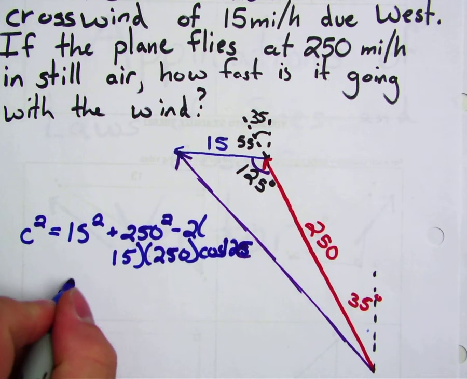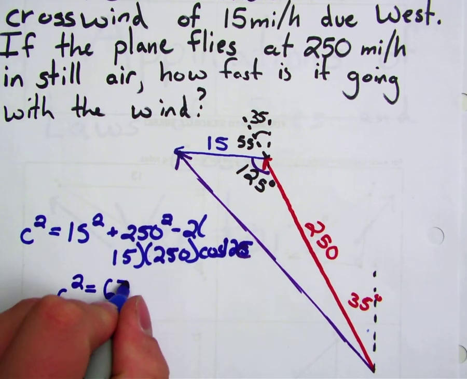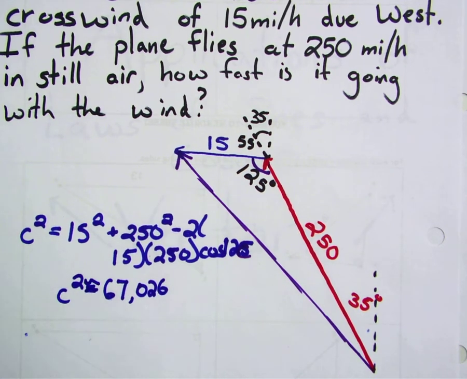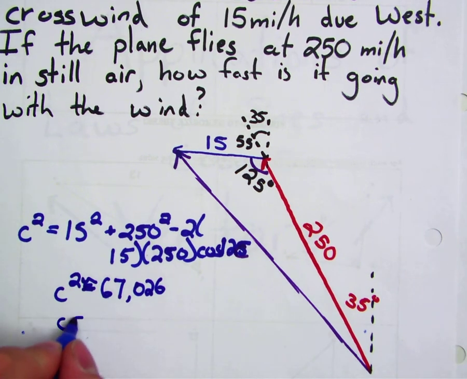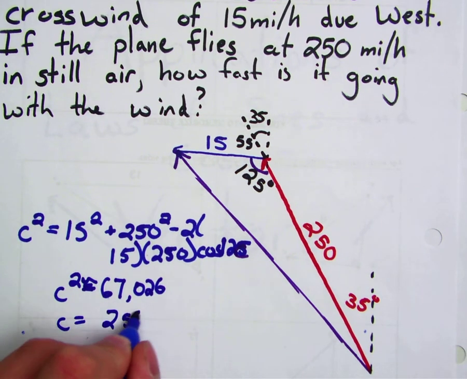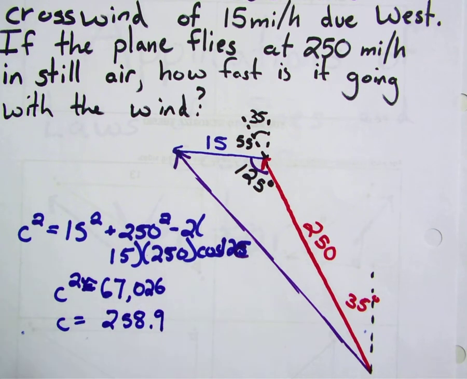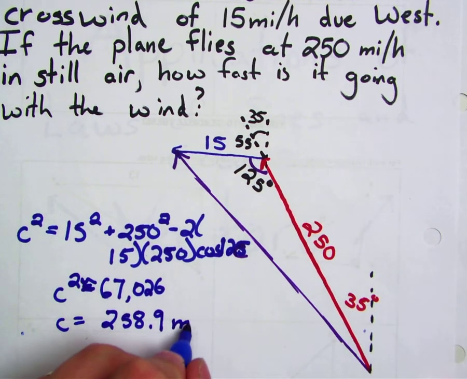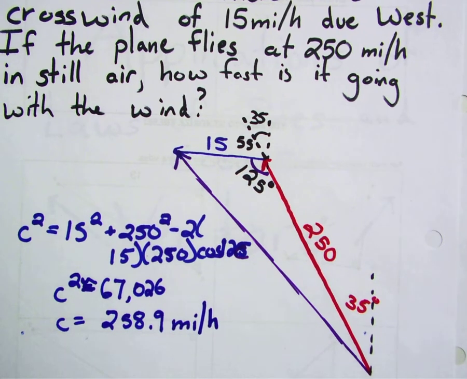And I get that C squared is going to equal 67,026, or about that. And then we just take the square root. And C is going to be 258.9. And since that's representing the magnitude of our vector, that's miles per hour. That's the speed of our plane.